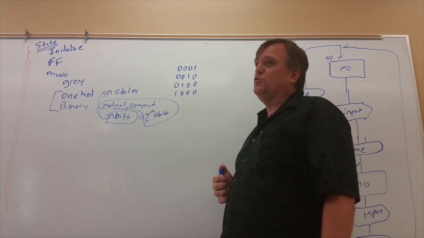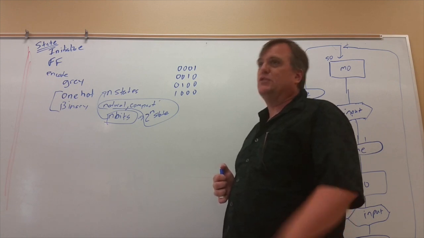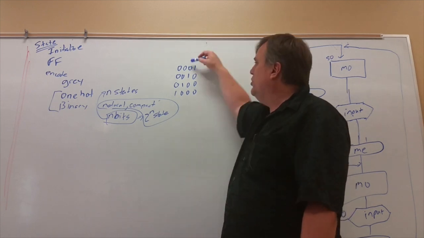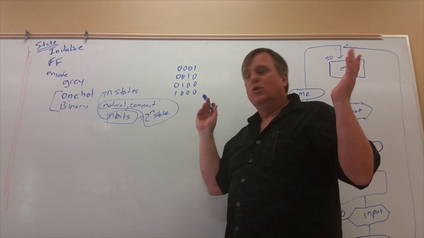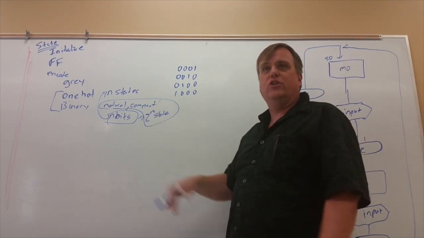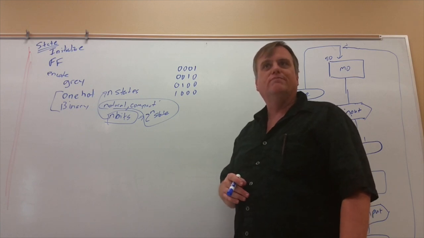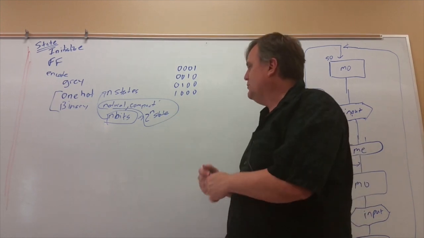The nice part is it's really easy to decode. Like if you wanted to say if something was going to happen in state 2, all I'd have to do is take that bit and just pull it out. Whereas if you wanted to check state 2 over here, you'd have to write a logic function to decode state 2 into a signal. Make sense? It's not too bad at this part, right?